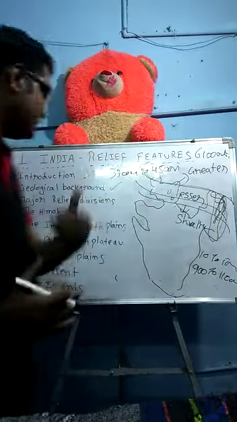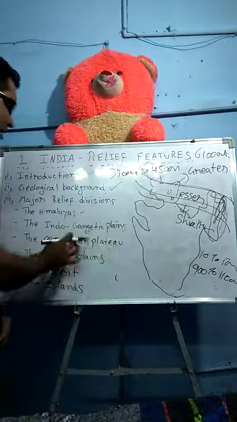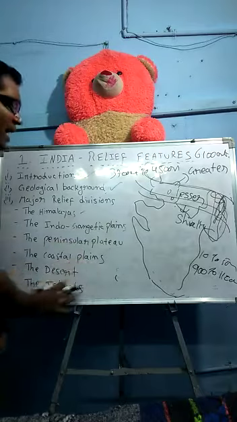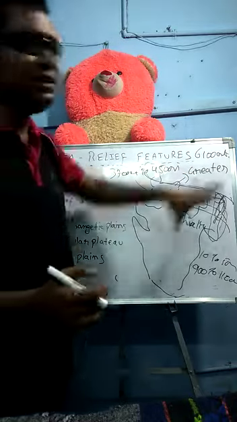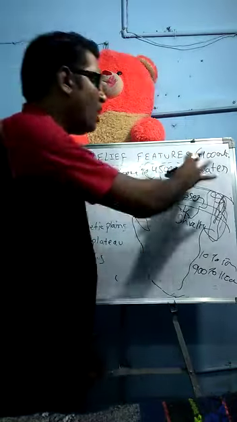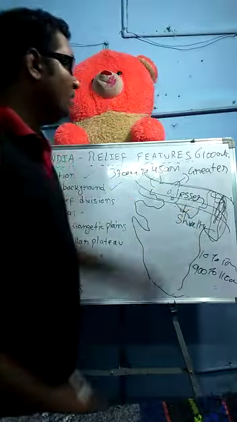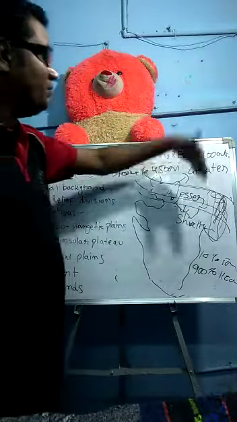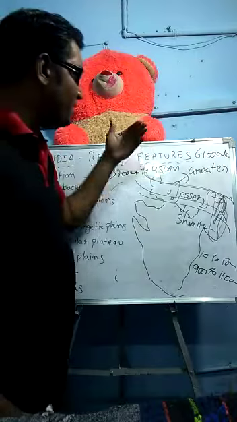In the coming classes, I will explain the Indo-Gangetic Plains, Peninsular Plateau, coastal plains, desert, and island details. Today I explained the Himalaya details. The Himalayas are a combination of Greater, Lesser, and Shivalik: the Greater with its height and perennial rivers, the Lesser with its height, ranges, valleys, and hills. Next, the Shivalik ranges with different names in different locations, and valleys like Dehradun.